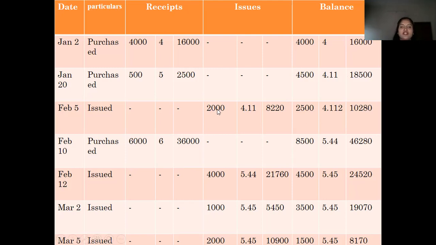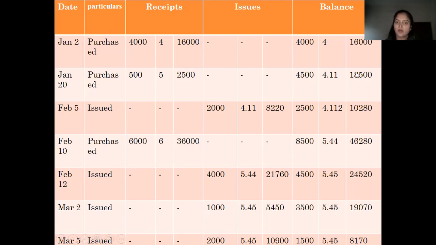We must issue 2,000. Out of 4,500, issue 2,000. Now, what is the cost per unit? Already you have calculated that, it is 4.11. Now, see, 4,500 minus 2,000, you will get 2,500 as the balance.